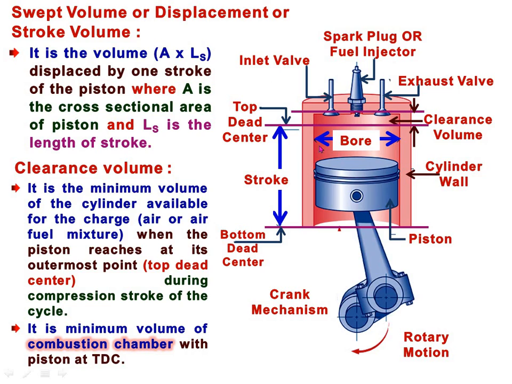If the diameter of bore is D, then the area will be pi by 4 D square. The cross sectional area of the piston will be pi by 4 D square, and the length of stroke we generally denote as LS.